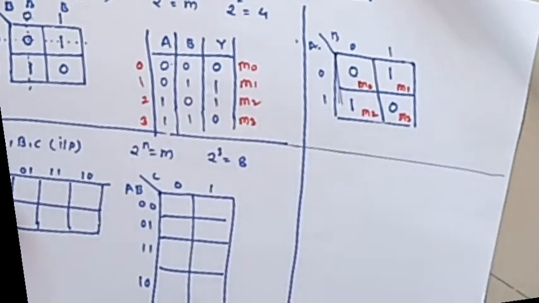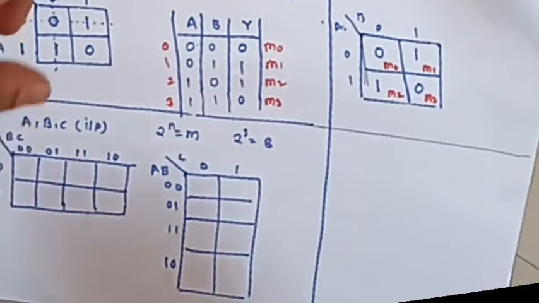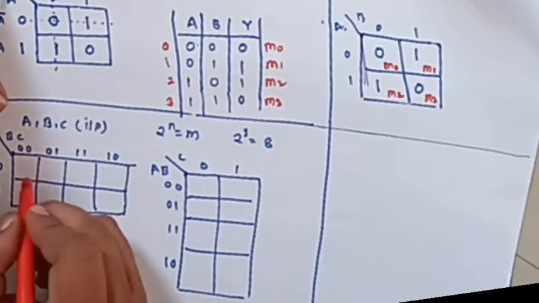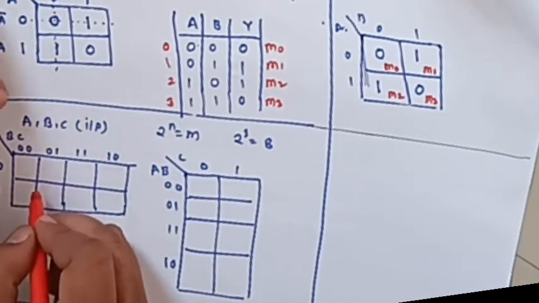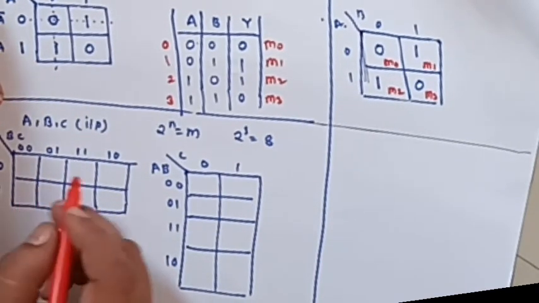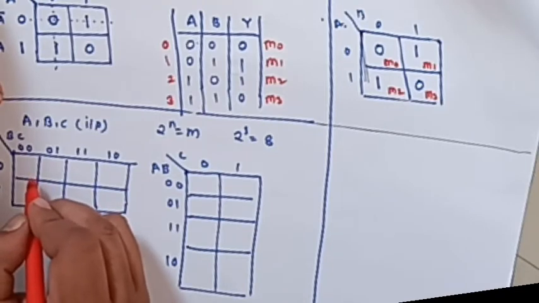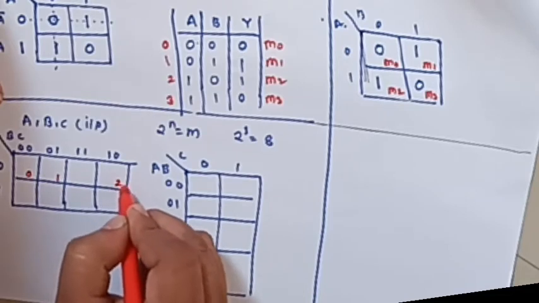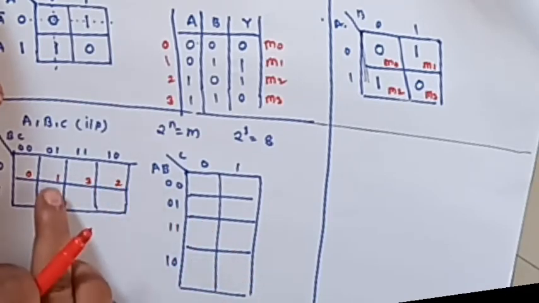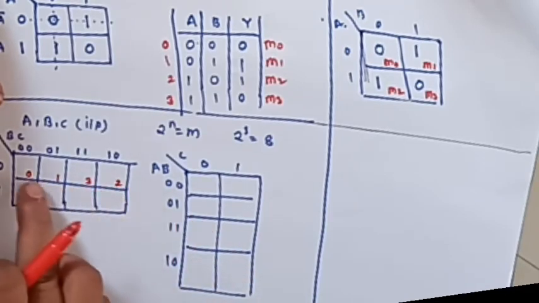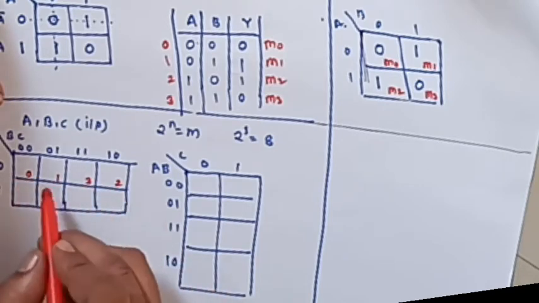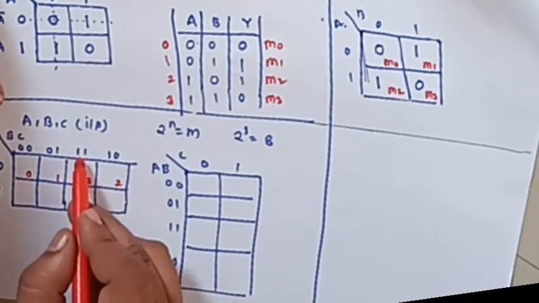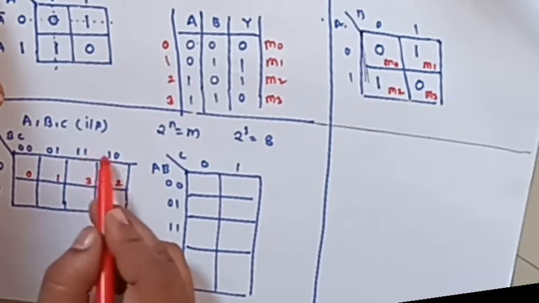Here also for the 3 variable K-map we will give the numbering. I will not write the small m, I will just write the numbering. So here 0, 1, 2, 3. The sequence is 0, 1, 2 and 3, because here the sequence is reversed.